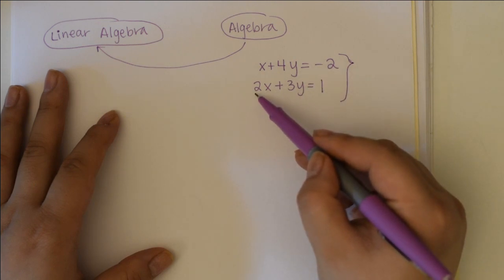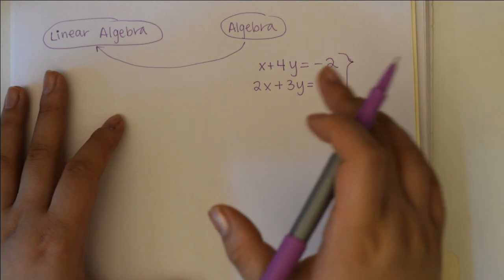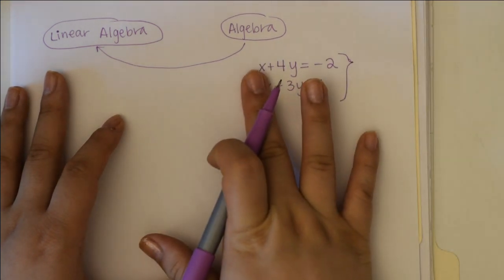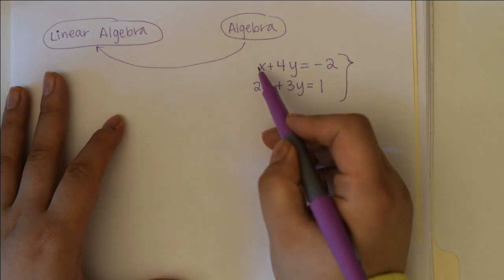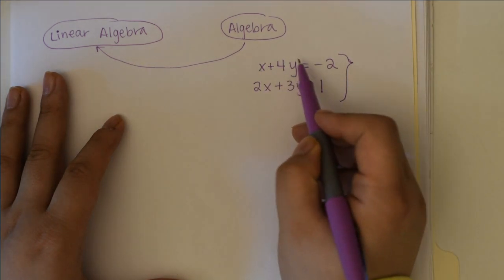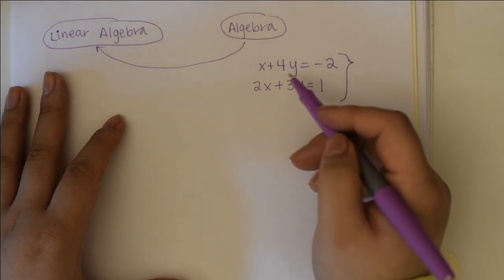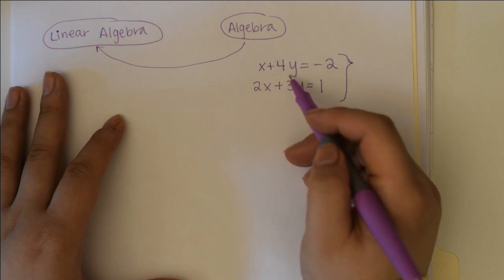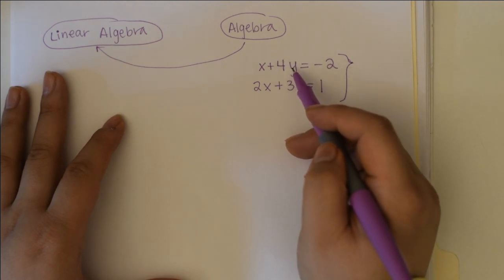One equation, two equations, right? And so we have two variables here, x and y. What we're really looking for is a number plus 4 times another number. The 4 and the y being smushed together means 4 times, and you have to do the order of operations, so 4 times y happens first.